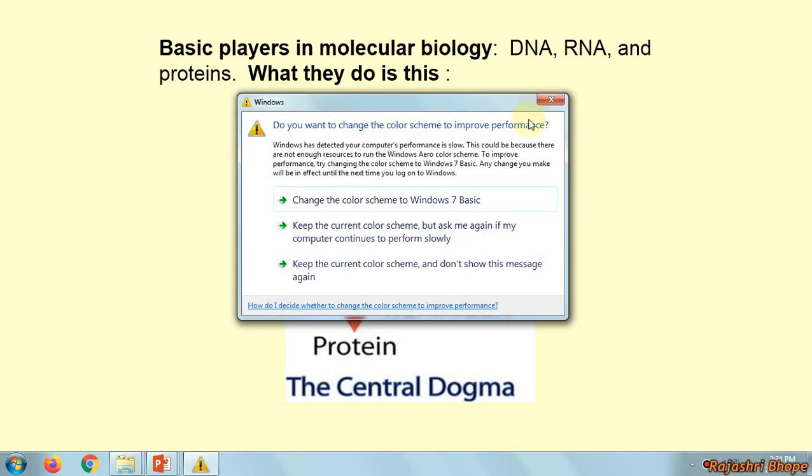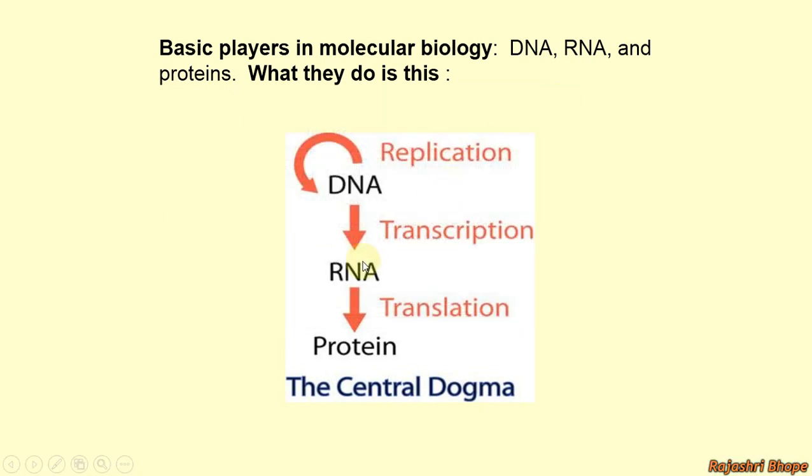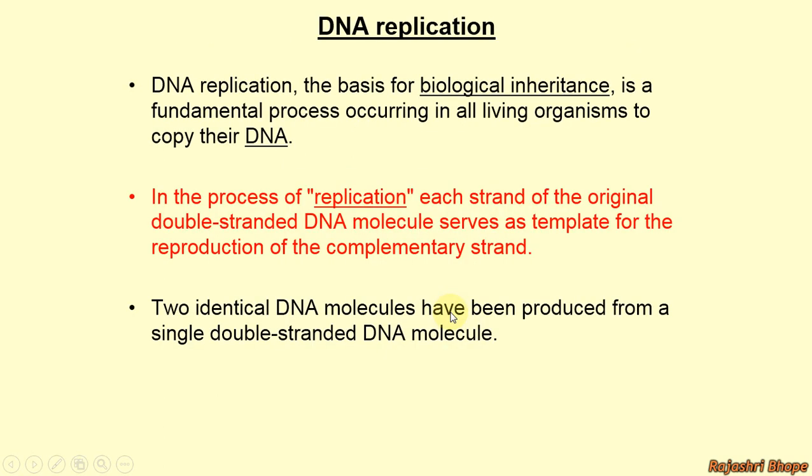That is, the process is known as reverse transcription. And from RNA, the proteins are synthesized. The process is known as translation. So here there are four processes in the central dogma: replication, transcription, reverse transcription, and translation.